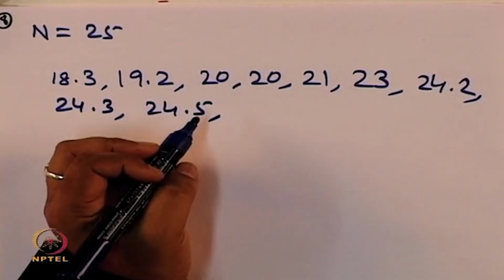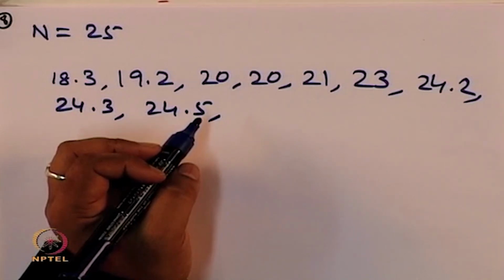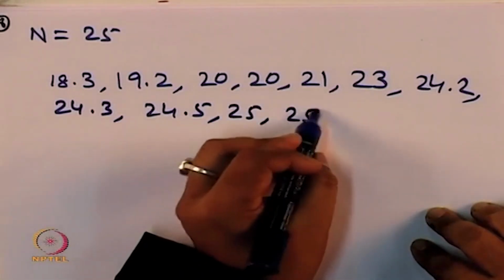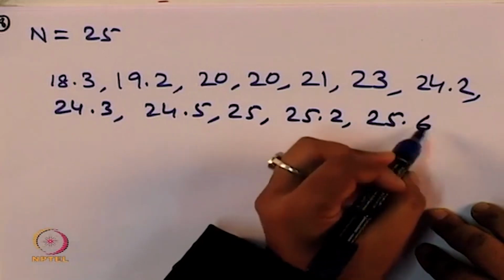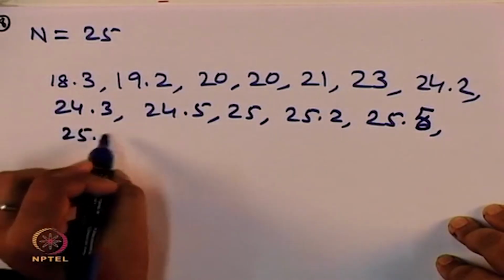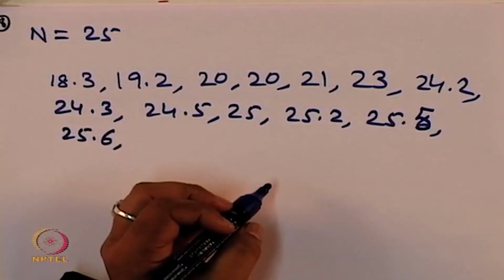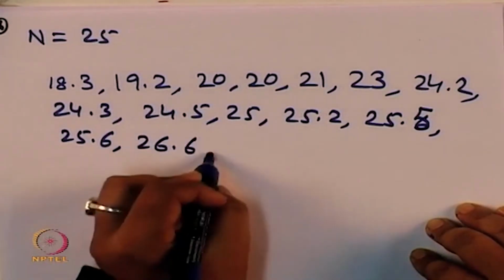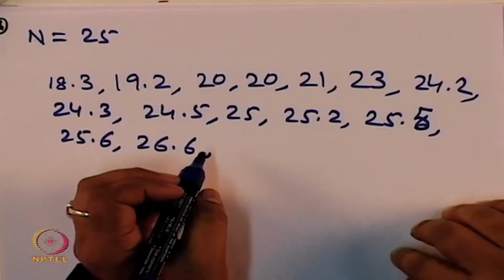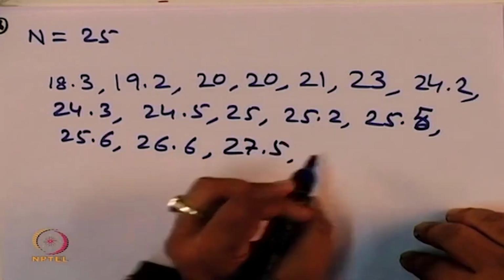Then after 24.5 you have 25, 25, 25.2, then 25.5, 25.6. After that you have 26.6. Then after 26.6 you have 27.5. So I can write the remaining numbers.